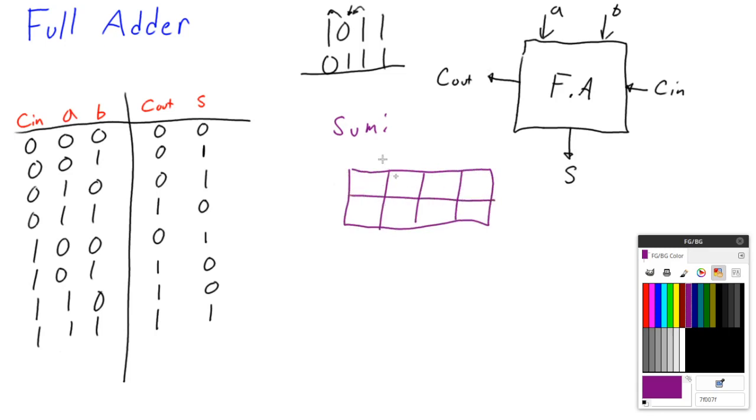And we're going to have our inputs of, I'm just going to call it Cn, A, and B. So 00, 01, 11, 10, and A, 0, 1. And let's go through and fill these out. So this is 0, 1, 1, 0, 1, 0, 0, 1.